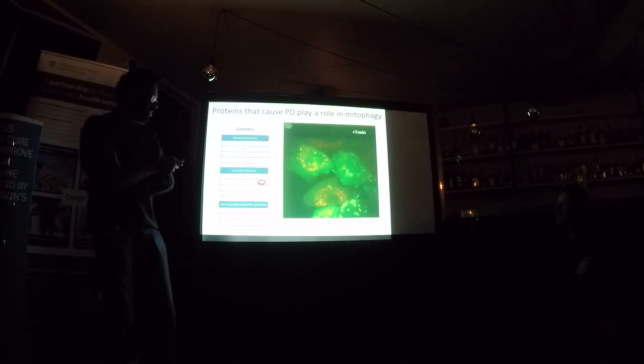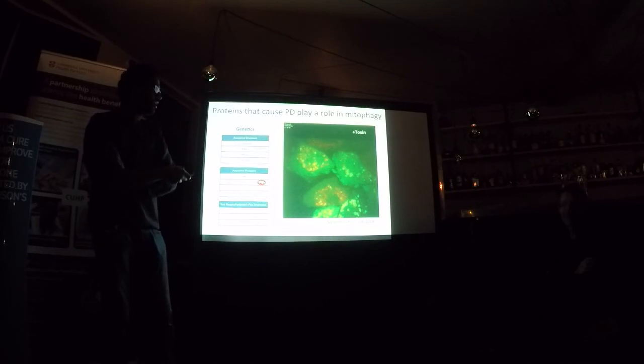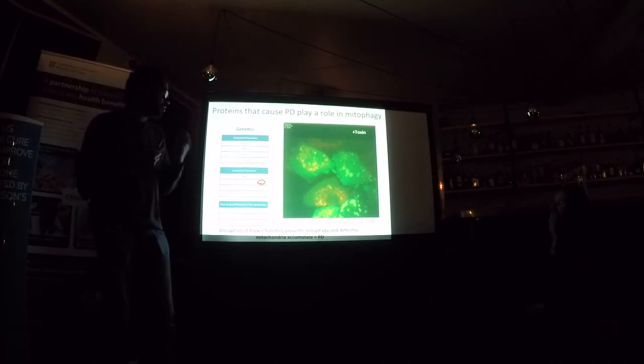What we think happens is that Parkin normally serves this function. In disease, abnormal Parkin doesn't fulfill this role, so you get a build-up of abnormal mitochondria. That's the idea here: that mitophagy is abnormal in Parkin mutation cells.